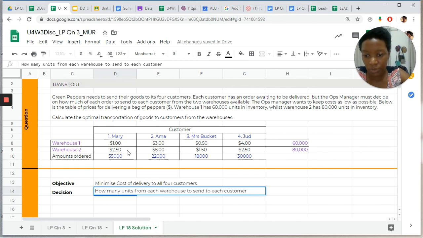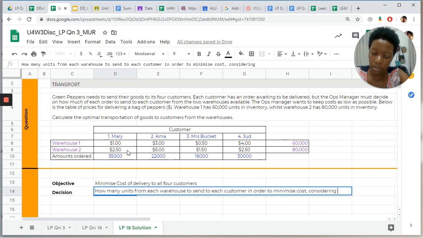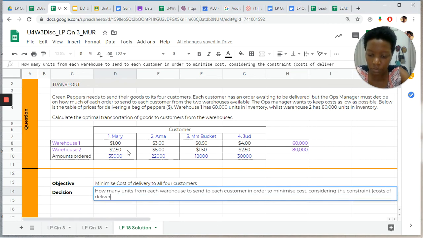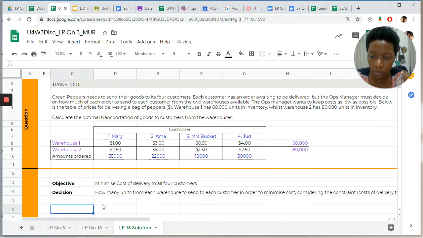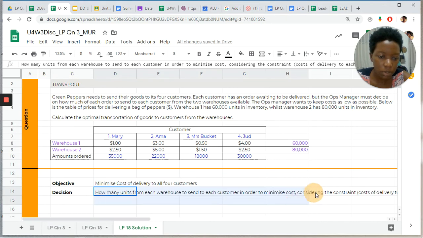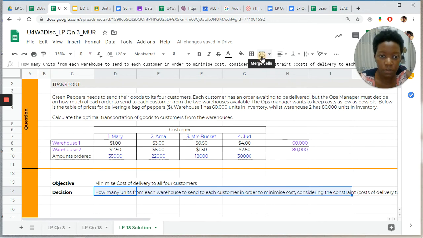We want to figure out how many units from each warehouse to send to each customer in order to minimize cost, considering the constraints, which are the cost of delivery. Okay, just going to make this visible.